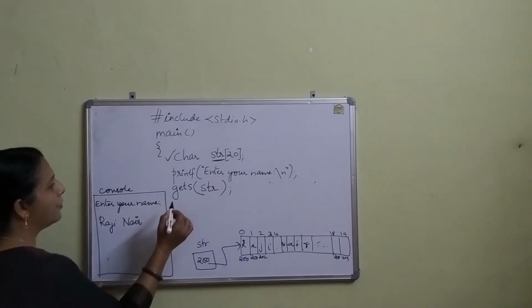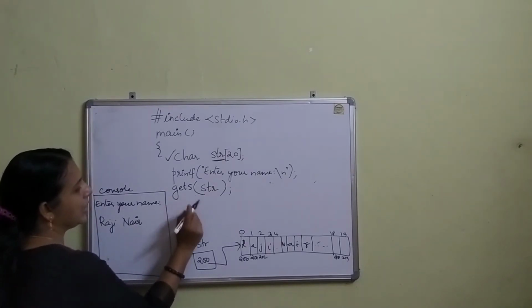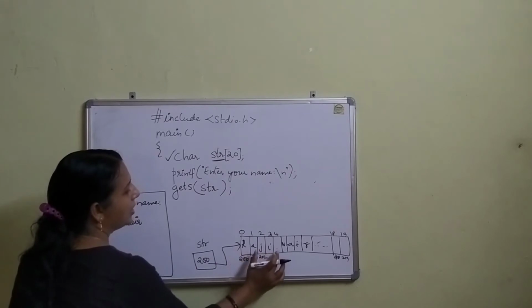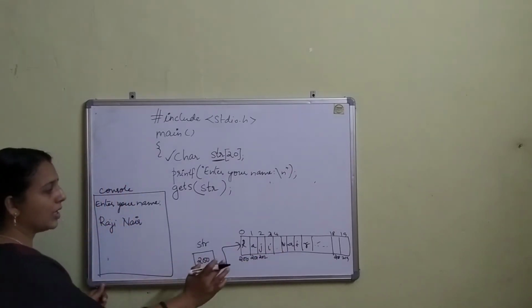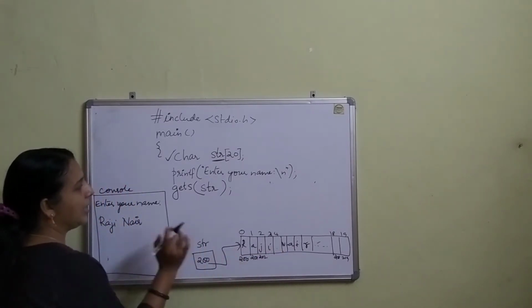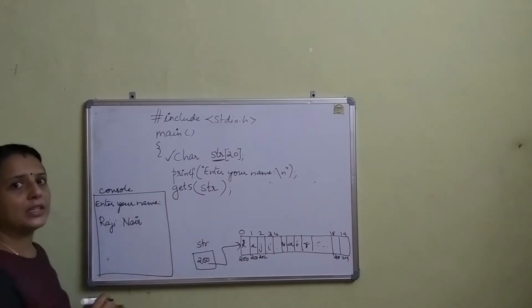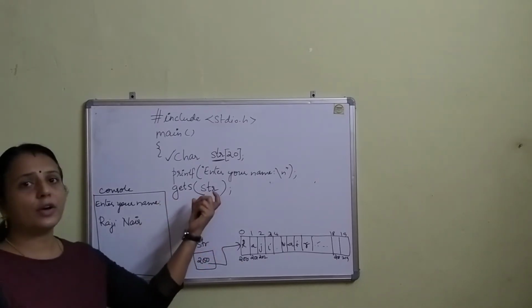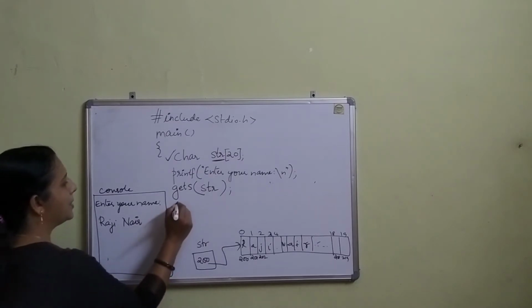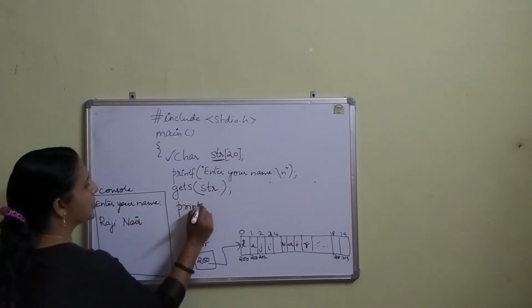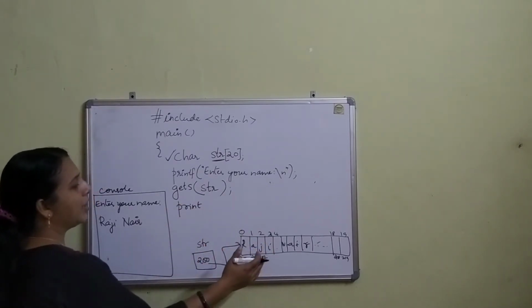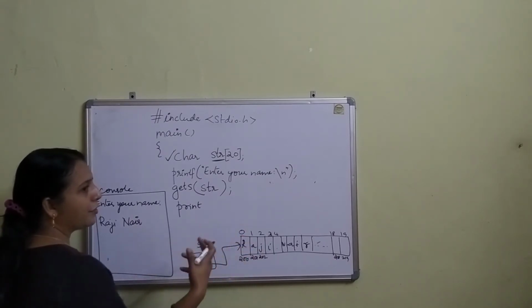Now, after executing this statement, Raji space Nair is stored in this character array str. Now suppose you want to print the string itself, the string you have got from the user side.